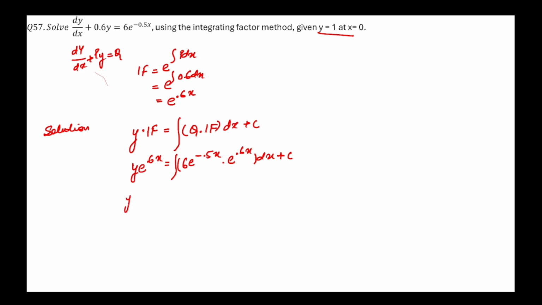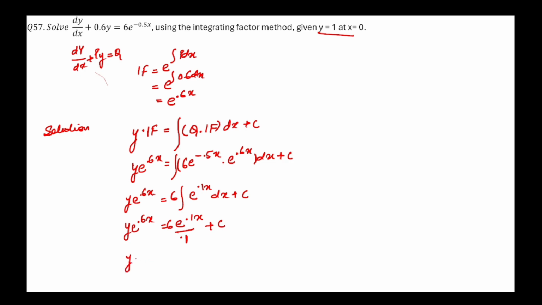So y e to the power 0.6 x is equal to 6 integral of e to the power 0.1 x dx plus c. Okay, so y e to the power 0.6 x is equal to 6 e to the power 0.1 x upon 0.1 plus c.